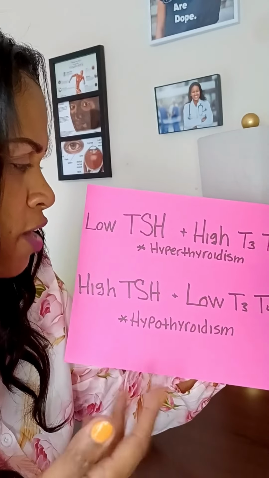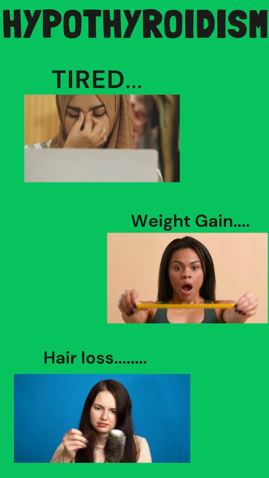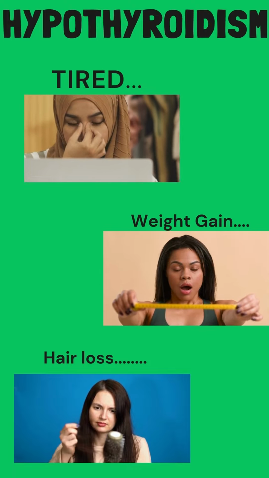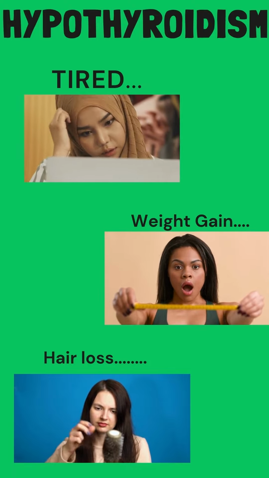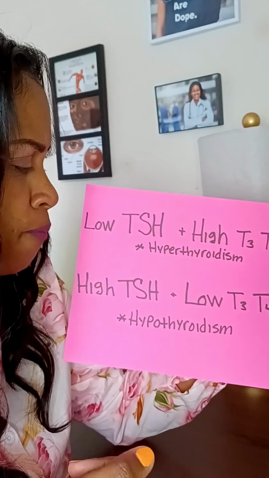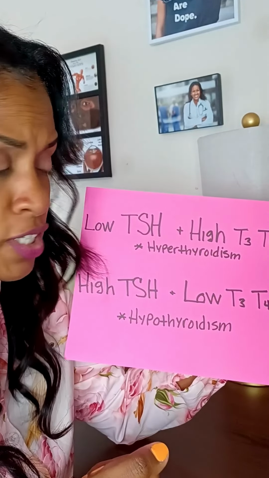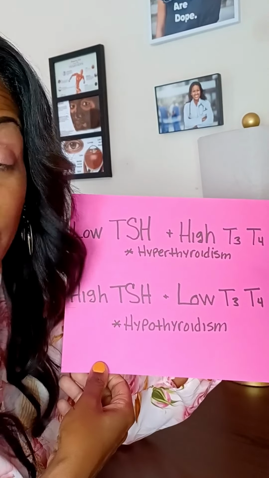There are definitely a lot of symptoms that you would know. And the only way you would know, honestly, is to get your blood withdrawn and get your TSH panel looked at. So a lot of these things are very important.